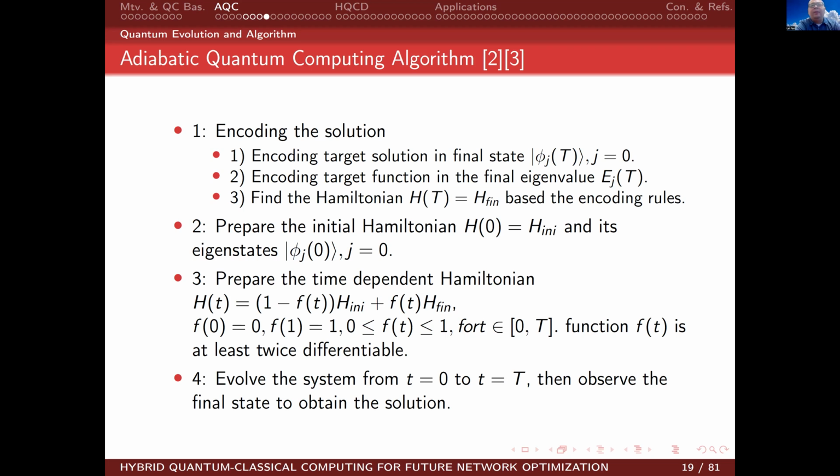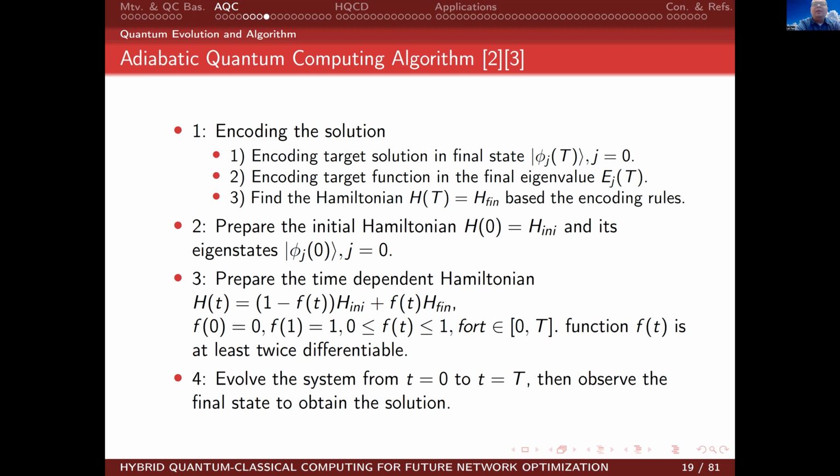That's the encoding part. And if we want to obtain this final state and eigenvalue, what else do we need? Remember that in the Schrödinger equation, to describe how the system evolves, we need the Hamiltonian of the system.